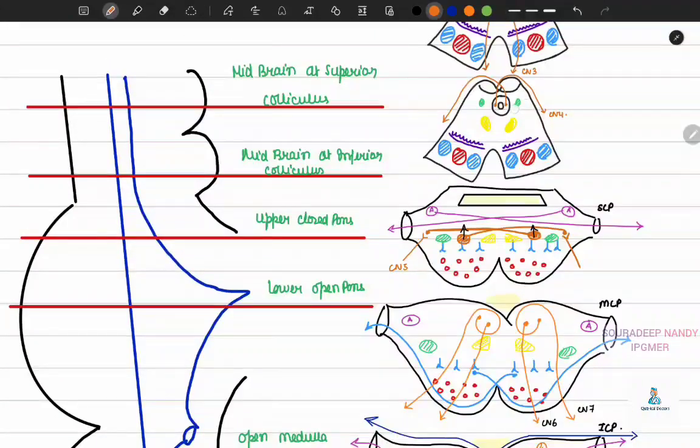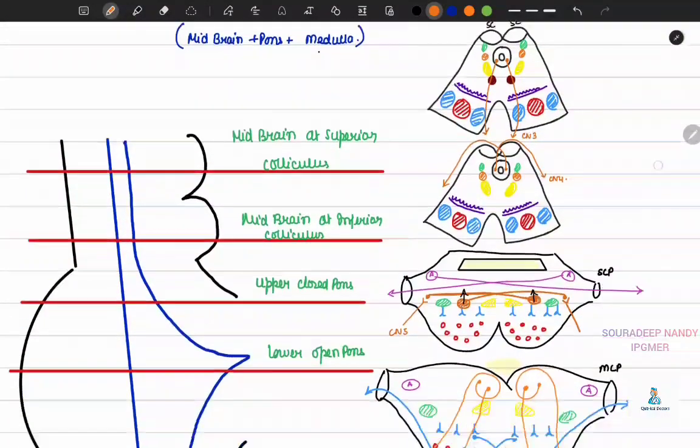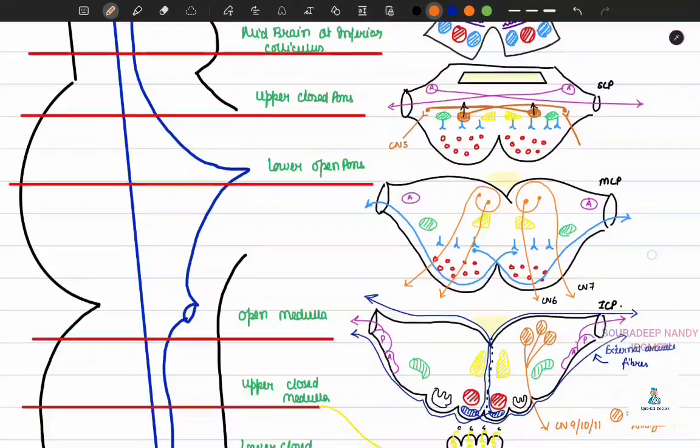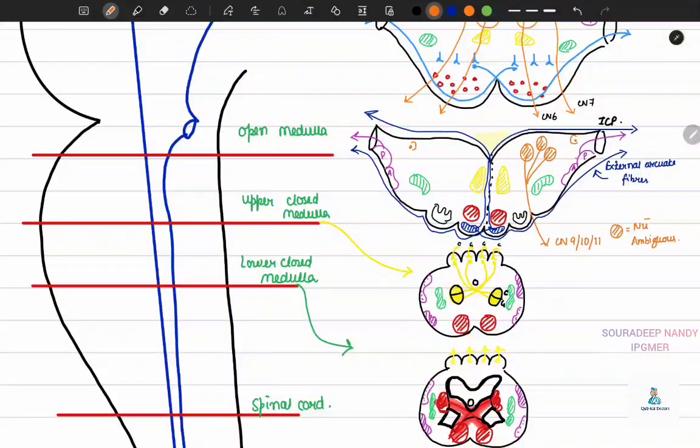So here it makes the trigeminal lemniscus. Some fibers of the trigeminal pass inferiorly and form the spinal nucleus of trigeminal, at least up to the upper closed medulla.